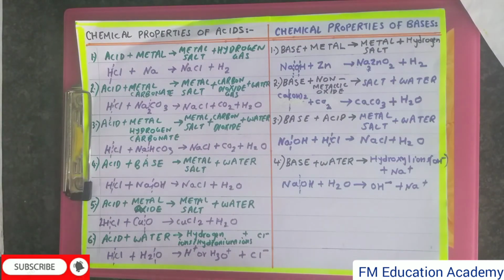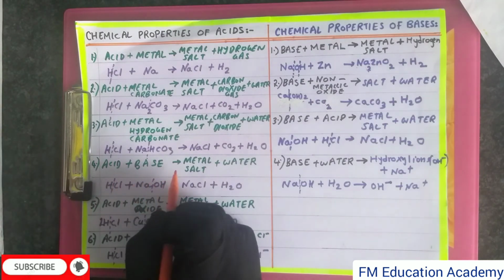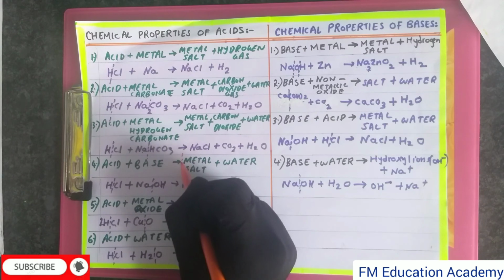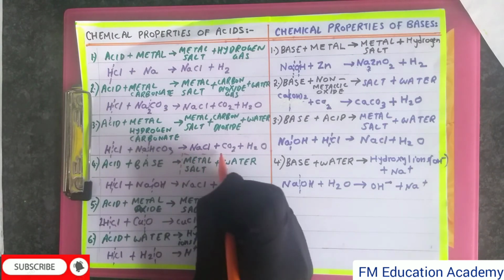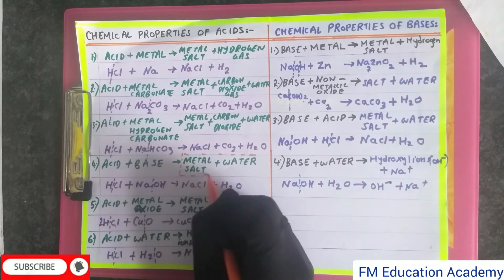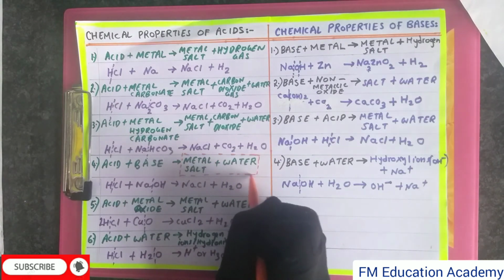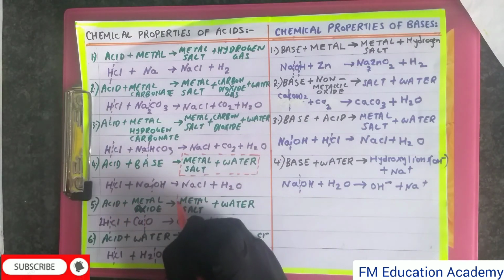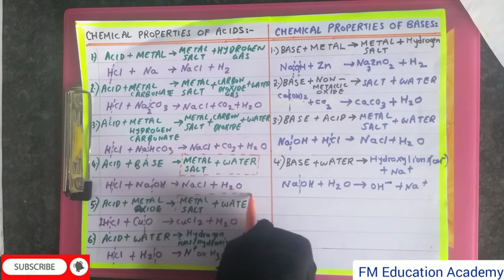What do you observe here? We observe that when an acid is reacting with a metal oxide, a metal salt and water are released. Here also we have a metal salt and water. Same thing here: when a base is reacting with an acid, a metal salt and water are released.